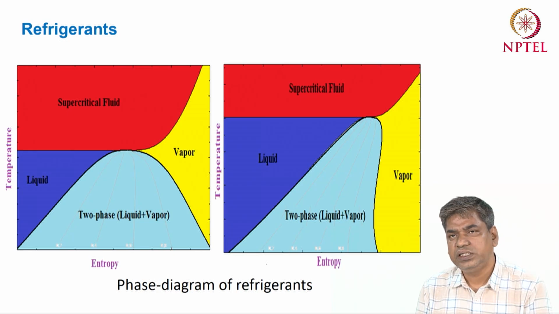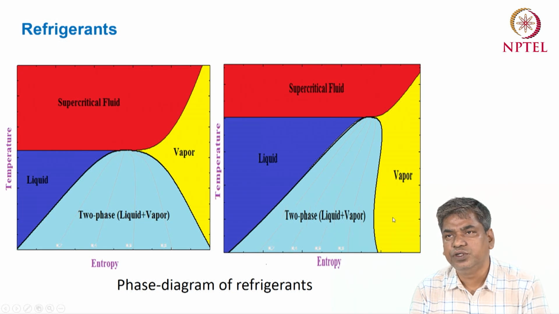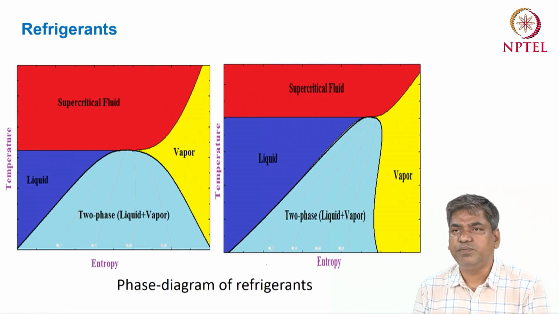So that's why this type of fluid is called the wet fluid. But in case of the second figure, you will see that at high temperature at any point, let's say from this point, if you expand the fluid, then this expansion is in a vapor zone. So that means the dry condition. So this type of fluid is called the dry fluid.